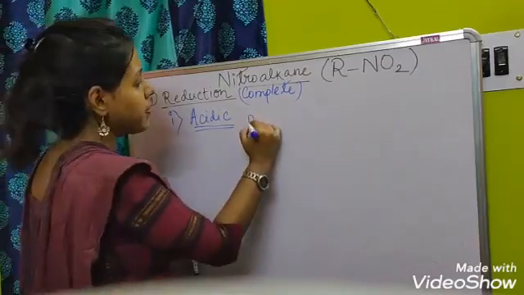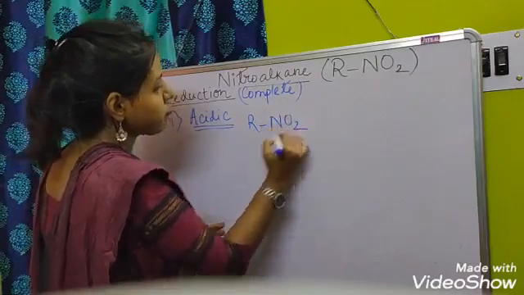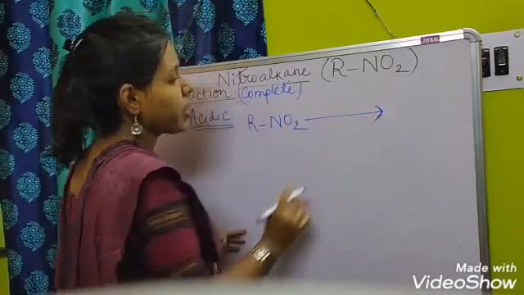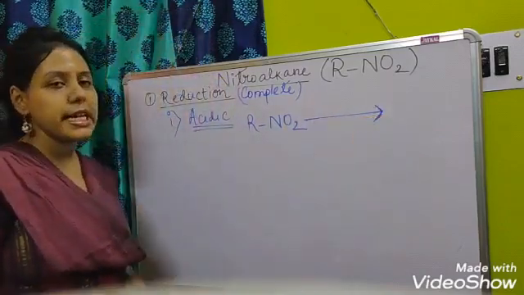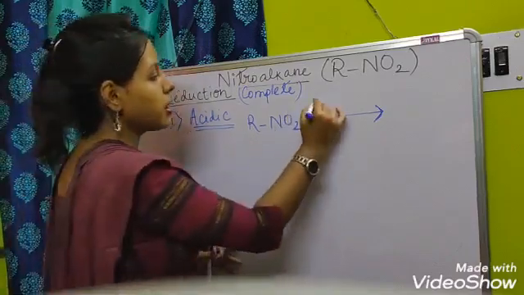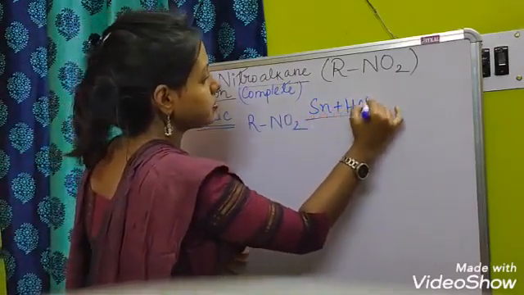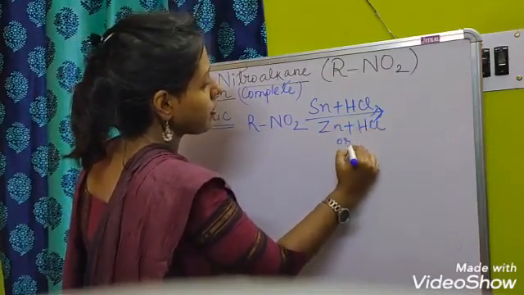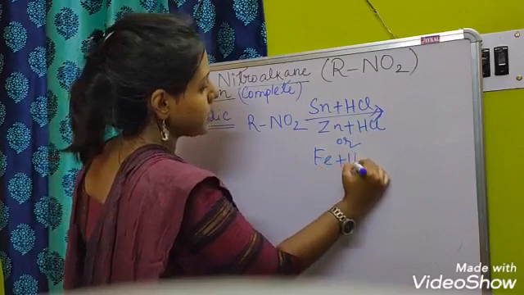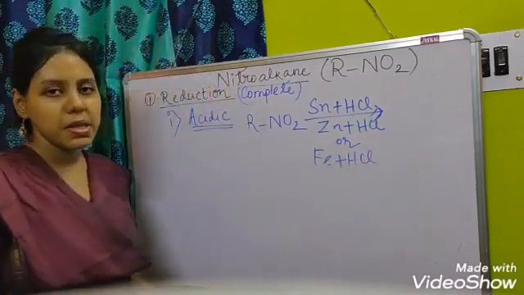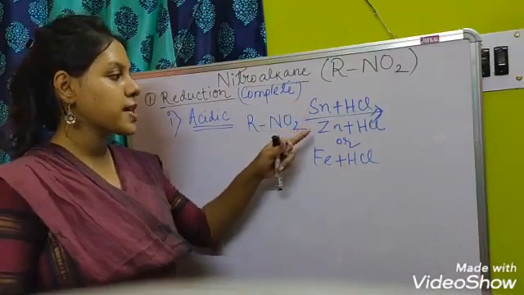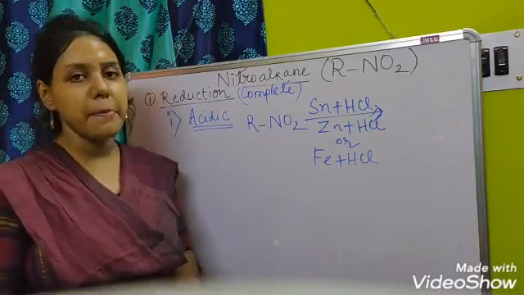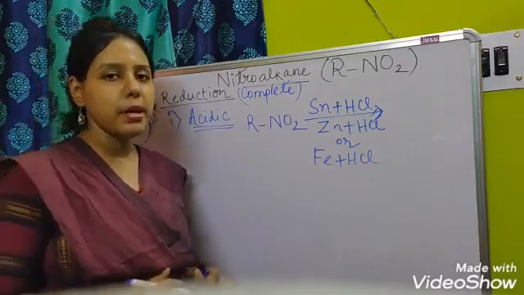So first of all, I'm taking here RNO2, and then we can use tin, zinc or iron. So tin plus HCl or zinc plus HCl or iron plus HCl. So that means in acidic medium, in presence of tin, zinc or iron, this nitroalkane will be reduced completely to primary amines.